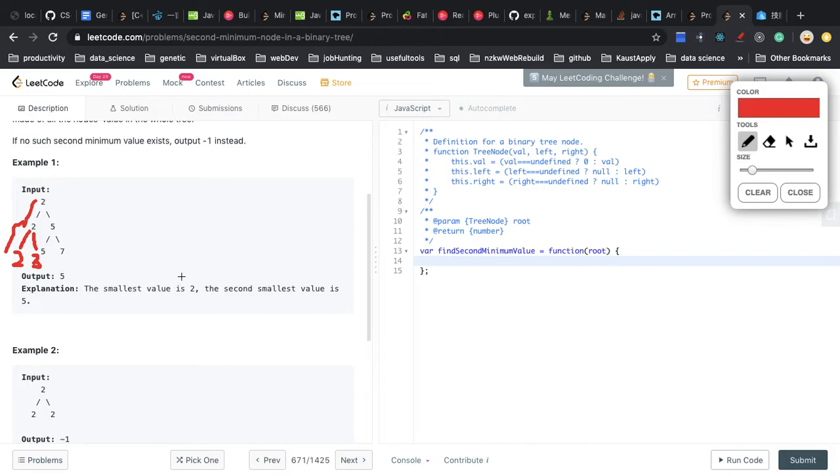It is the same as if I just clear this and look at the pure example one: we only have one option if we go through the node when the node equals the current node, and we can only find that 5 is the number we want, because the left node of the root node 2 won't return anything but -1. Therefore, we can only get 5 from the right node of node 2.